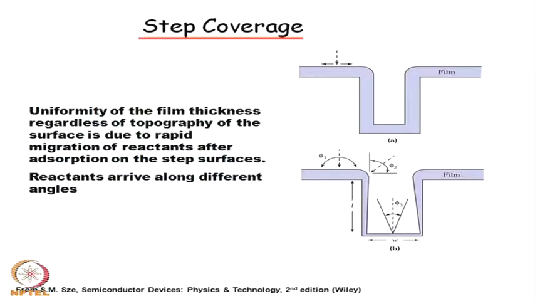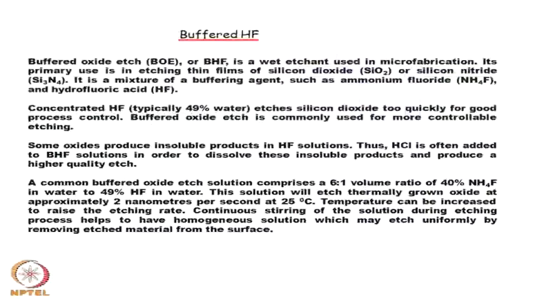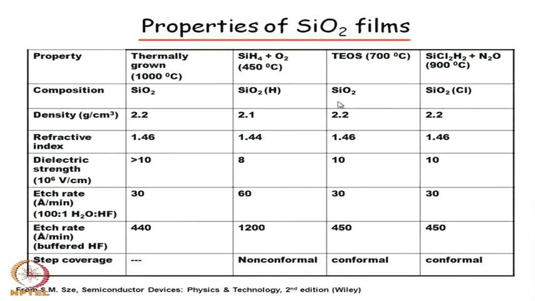Now, this step coverage is obviously a temperature activated process, because for rapid migration you need the temperature; the energy is obtained from the temperature, the source is heat in this case. So, we see that when TEOS is decomposed, that means the temperature is 700 degree centigrade, or when the dichlorosilane reacts with nitrous oxide at 900 degree centigrade, the temperature at 700 or 900 is favorable for rapid migration of the reactant molecules over the surface.